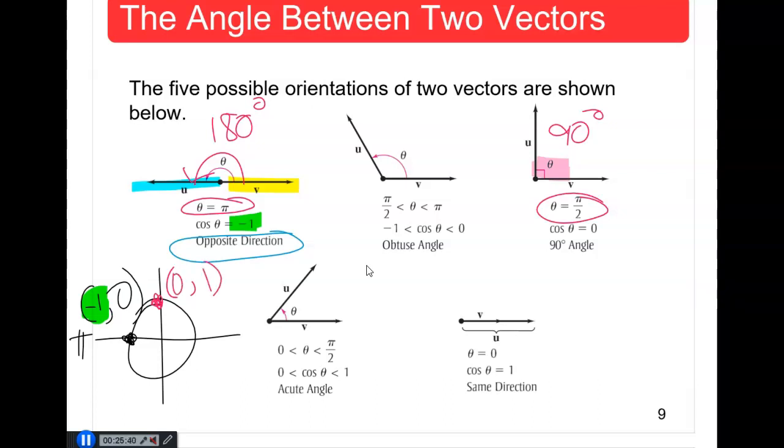And of course, you could see that the 0 is here. So the cosine of that angle will be 0. And that is a 90-degree angle, or pi over 2.